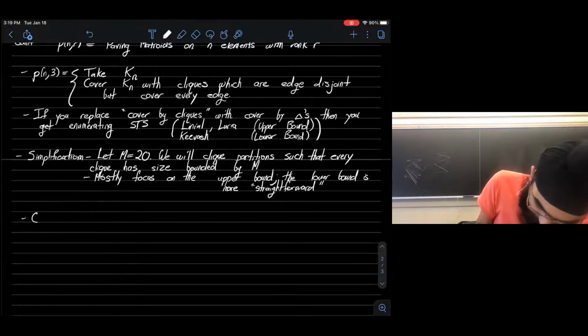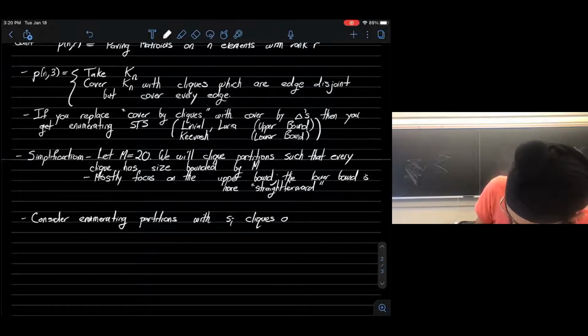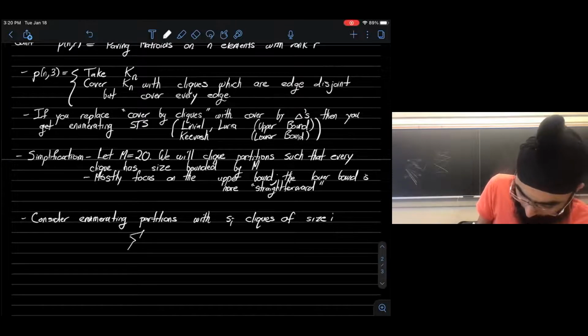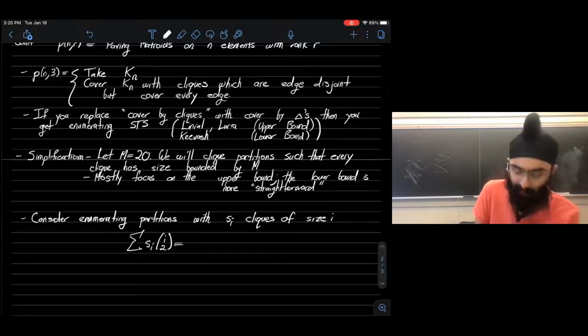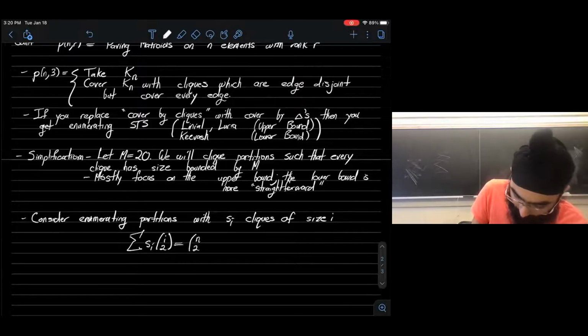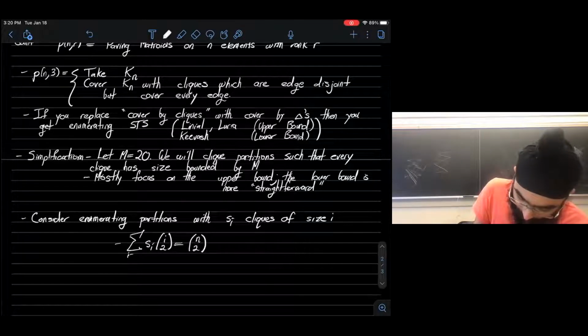So consider enumerating partitions with S_i cliques of size i. Since these cliques cover the edges edge-disjointly, we know that the sum of S_i times i choose 2 is equal to n choose 2. This just encodes the fact that these cliques are edge disjoint and cover all the edges.